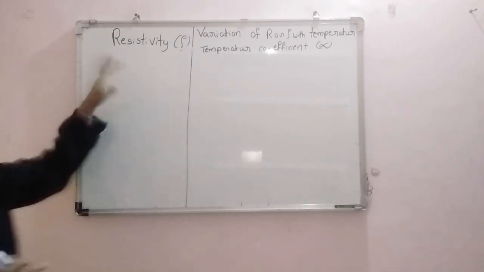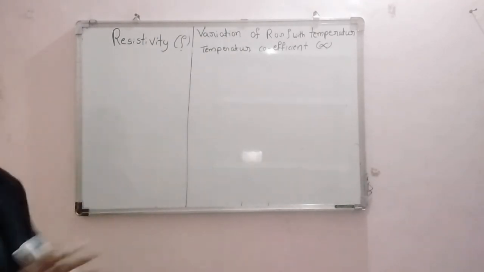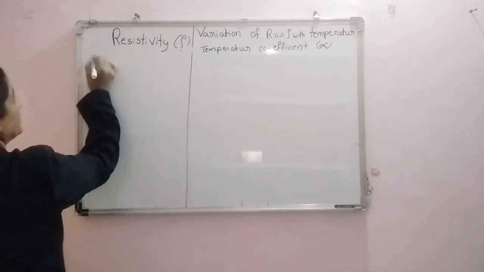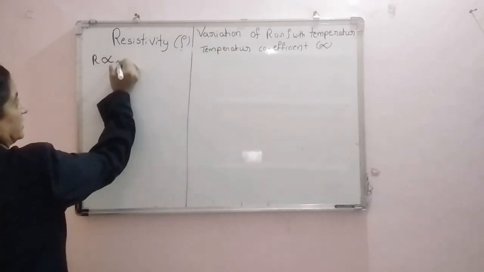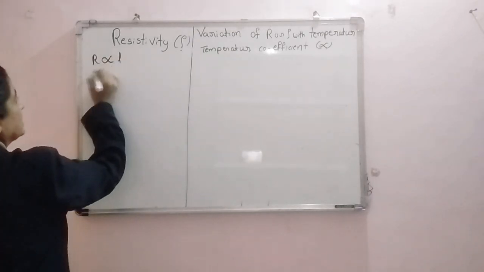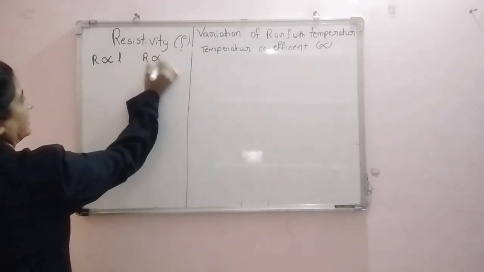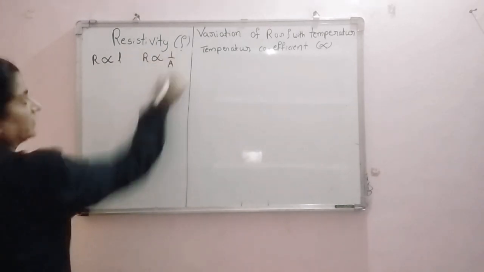So, how does the resistance depend? The resistance of the conductor is directly proportional to the length of the conductor and inversely proportional to the area of the conductor.